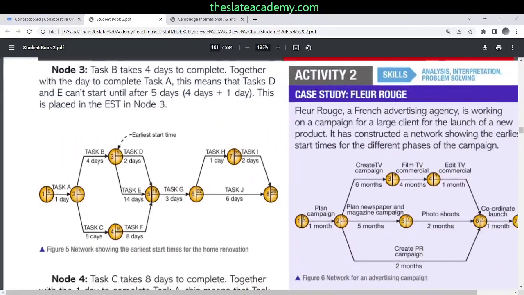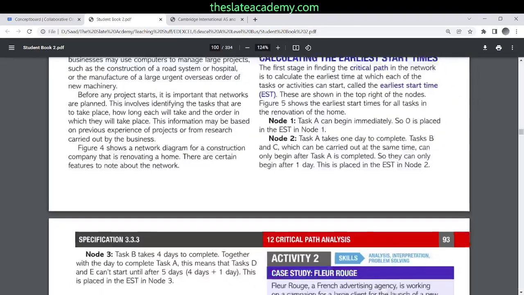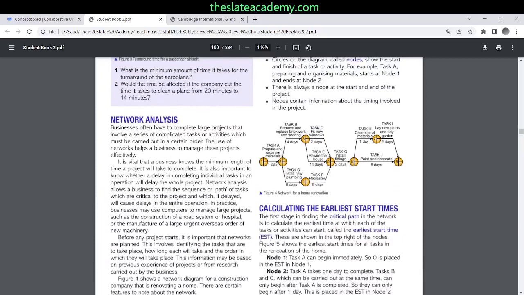Okay, so what you do is you first of all think of all the tasks that need to be done for this particular project. Then you try to arrange those tasks in sequence, and for each task you draw a circle, an arrow leading to the next task, and then arrows leading to the next tasks, and so on, and then you assign numbers to these circles.